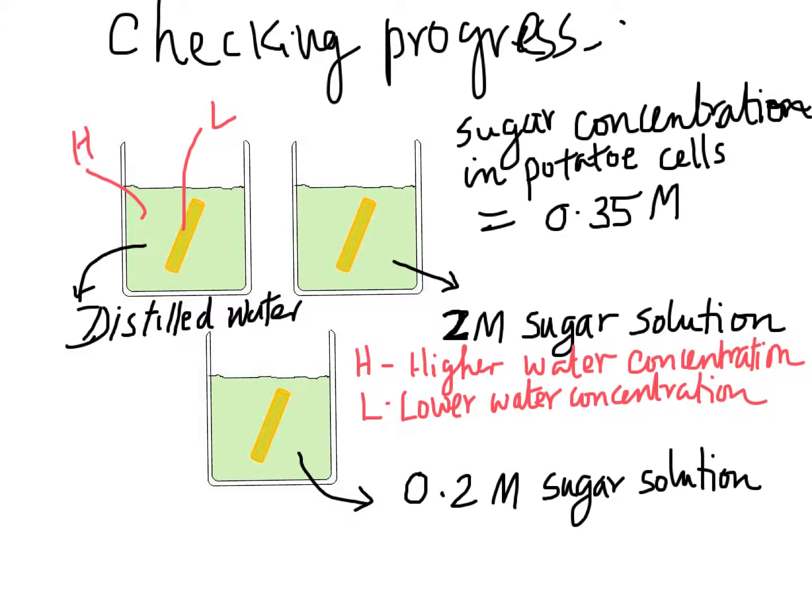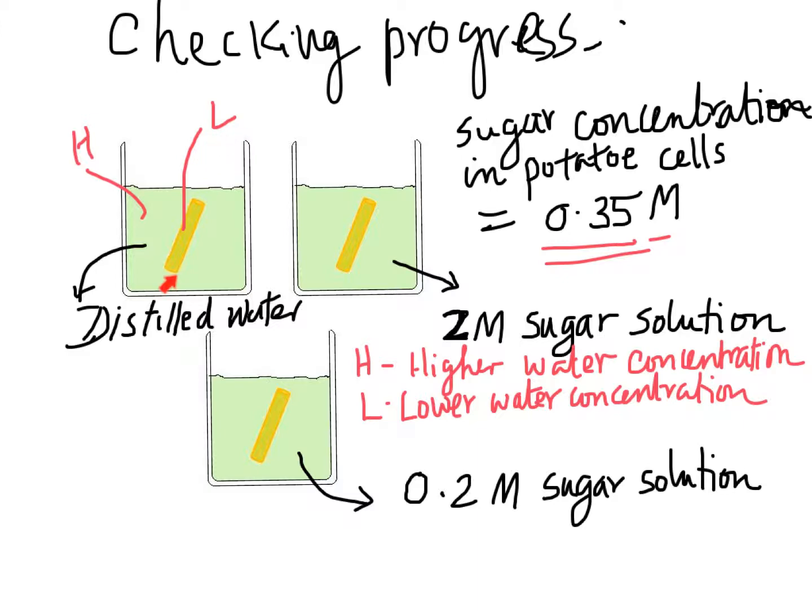It's because we know all potato cells contain roughly, on average, that much sugar, so 0.35 mole per dm cube solution. So that's the concentration of sugar inside the cells of potato. Obviously, this being distilled water, you have a higher water concentration compared to the water inside the potato cells. And potato cells have a semi-permeable membrane, which allows water and other smaller molecules to diffuse in and out. So you have millions of these semi-permeable membranes, and inside those cells you have a lower water concentration.